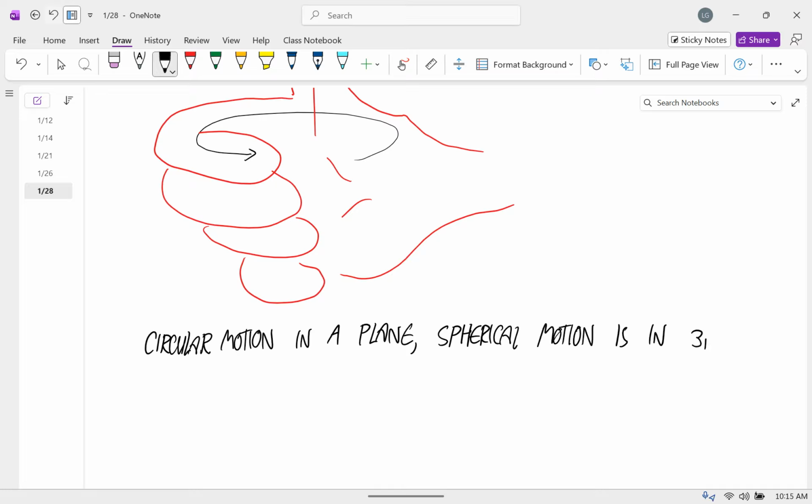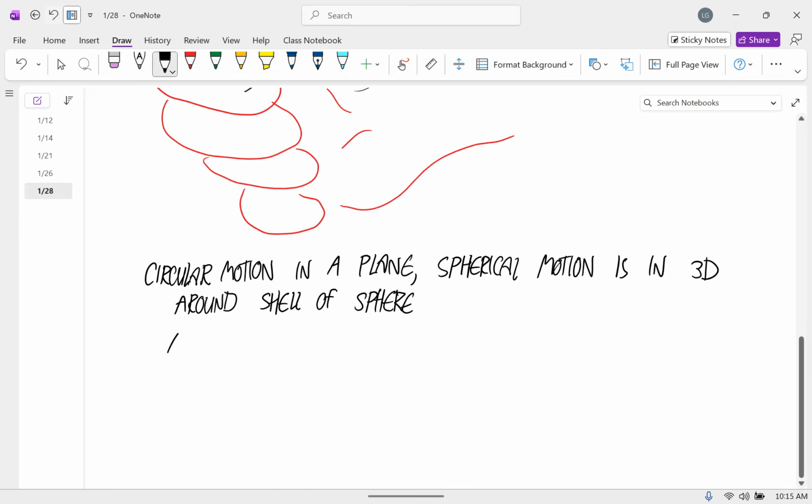It's in 3D around the shell of a sphere. In other words, it's a 3D motion where the radius stays the same, but it can go anywhere. It's like a dog tethered to a thing in space. It can go anywhere along the edge of this sphere, not inside the sphere.